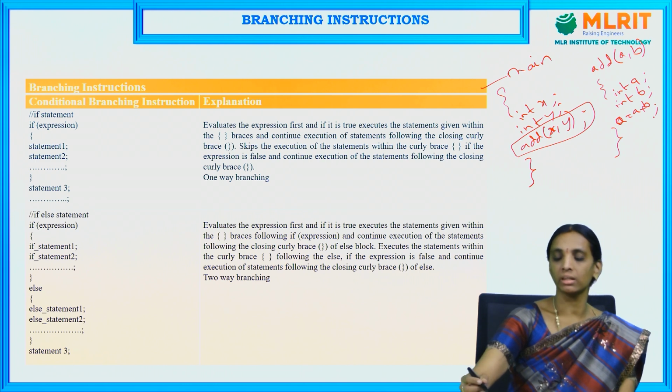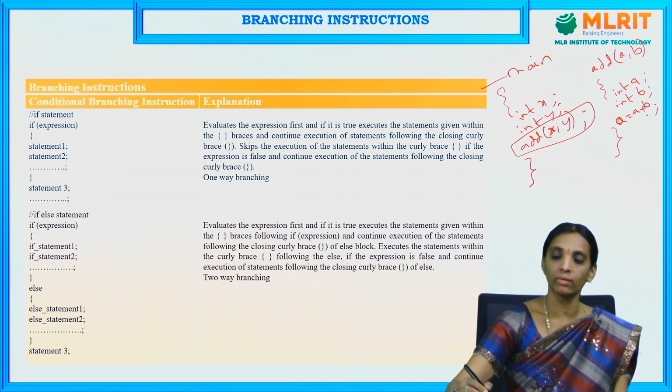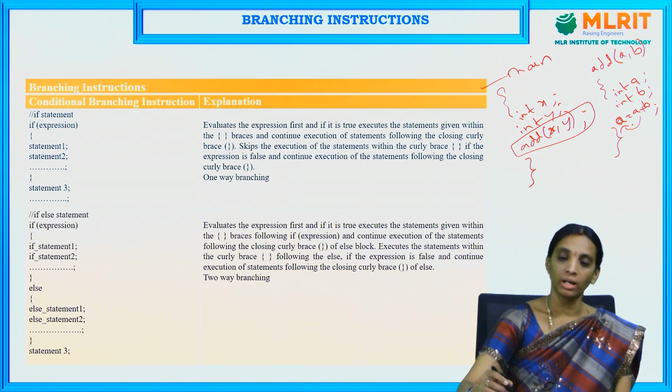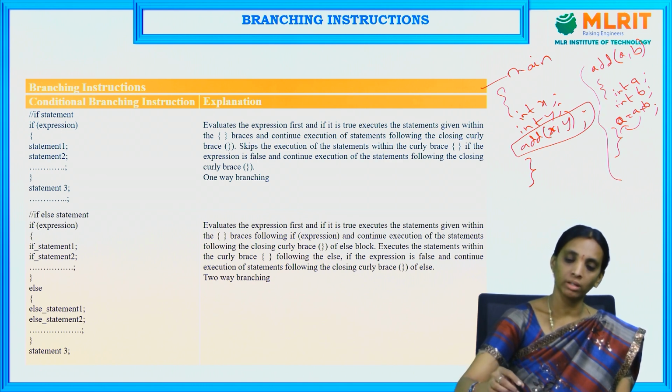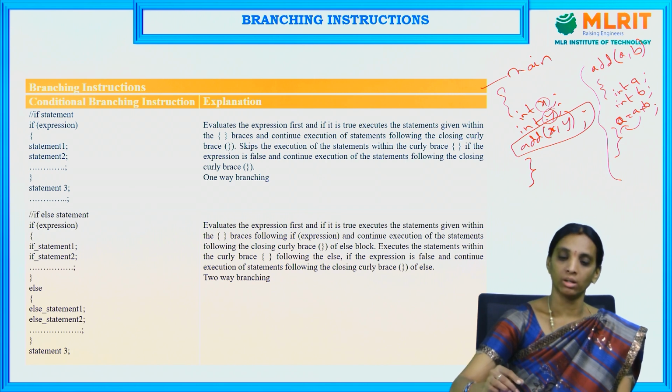That means we have taken two variables, we add the two variables, and the result will be stored in the first variable, and we need to call this function for any two variables which are taken as x and y. So here we need to call add x comma y.